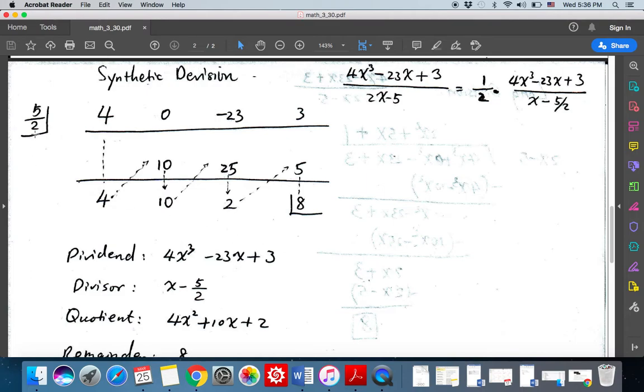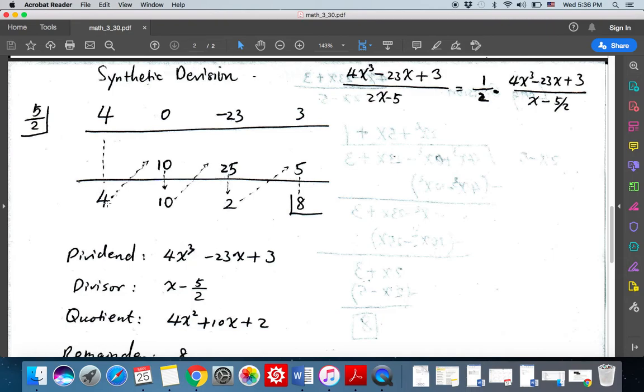And the number in this box is the 0 of the divisor. That says the divisor is going to be x minus 5 half. And in this last line, all the numbers in front of the remainder are going to be the coefficients for the quotient, again in decreasing order for variable x.